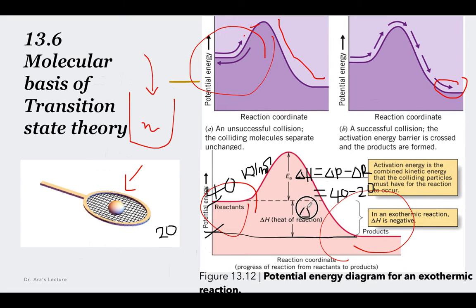So in that case we find del H is negative 20 kilojoule, and this is called an exothermic reaction. Exothermic reaction means it is always releasing heat from the system to the surroundings.